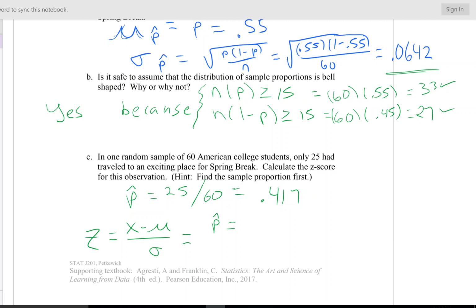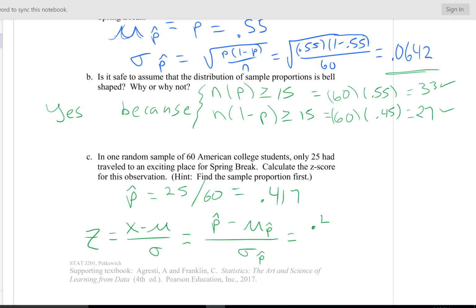We're going to take p hat and subtract the mean of the p hats and divide by the standard error of the p hats. So the observation we're actually interested in here is a sample proportion. We're going to subtract the mean of the sample proportions divided by the standard error of the sample proportions. And we already found those values in parts A and B, so that makes life kind of easy.